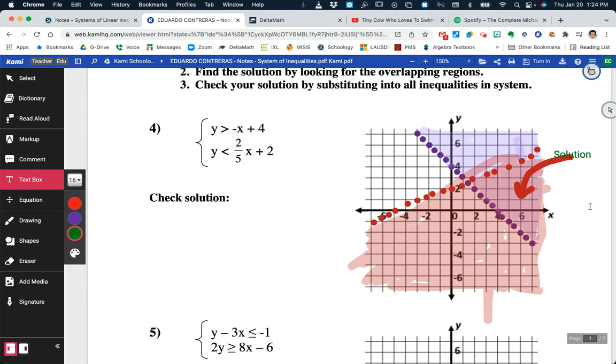It's going to expand forever and ever and ever. But basically, if we pick coordinates within that location, it would be the only ones that would be true statements. Okay? So I'll give you a moment.